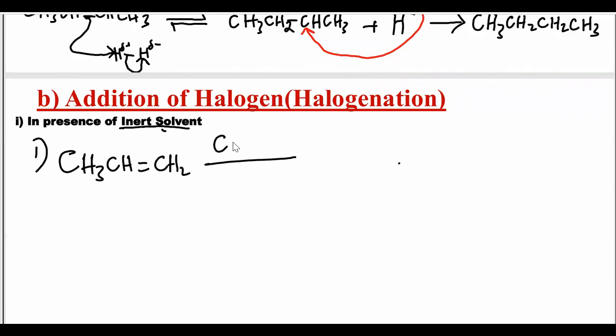Let's use chlorine, in the presence of the inert solvent, carbon tetrachloride. The halogen rapidly adds across the double bond to give a corresponding what? A corresponding vicinal dihalide. Very good.